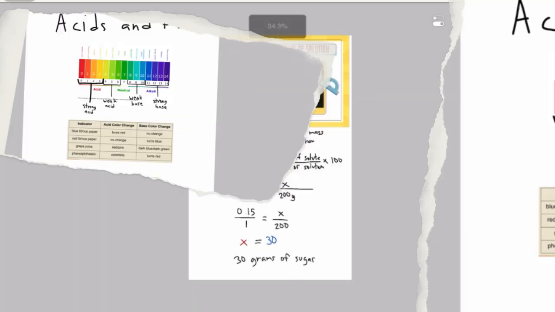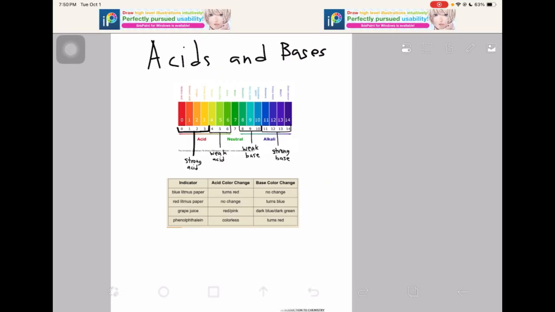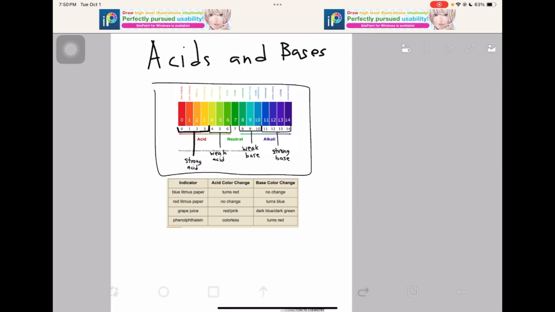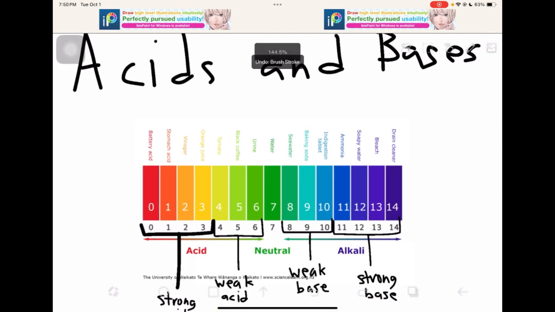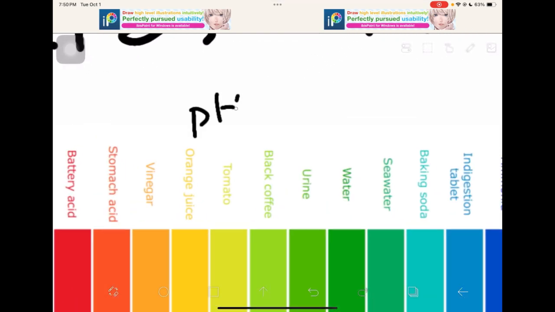So the last topic we'll be discussing for this video is acids and bases. I really didn't have much to work with here, because I was only given, as you can see here, the effect of acids and bases based on different tests, and the classification based on their pH. So the pH just means the potential of hydrogen.